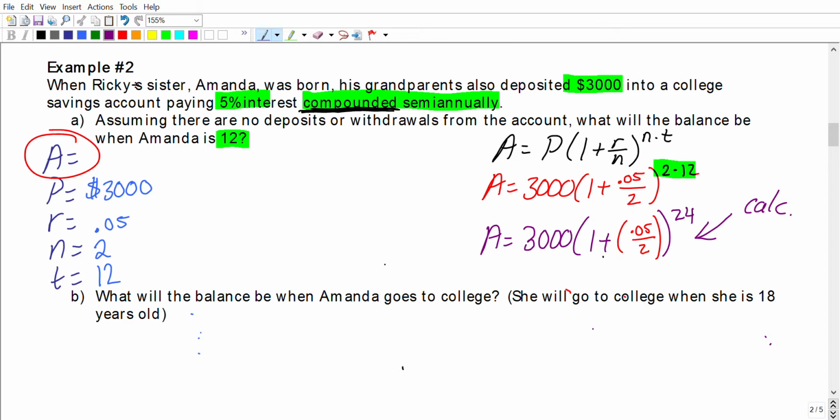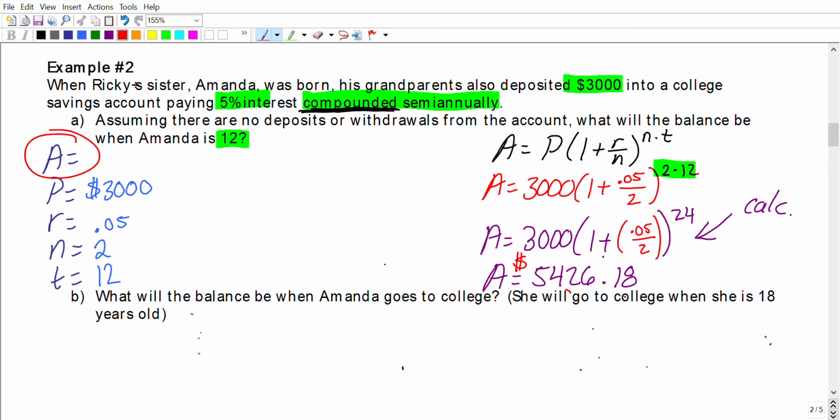So far on my calculator, I did 3,000 open parentheses, 1 plus another open parentheses, 0.05 divided by 2, close one parentheses, close the second parentheses, and now raise to the 24. So this gives me 5,426 and 18, because we're talking about money here, so I'm rounding to the nearest hundredth.